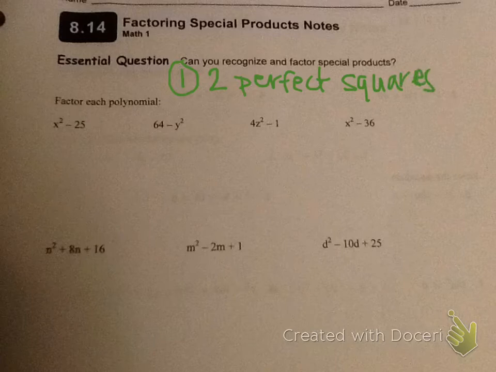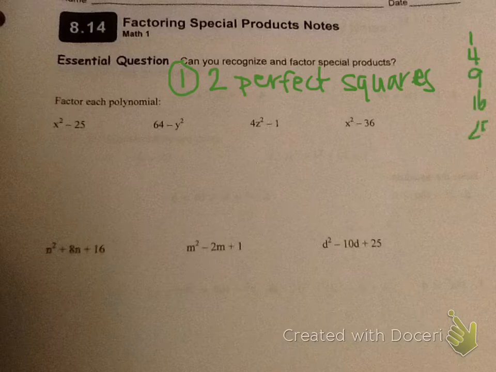Our perfect squares, again, are 1 squared is 1, 2 squared is 4, 3 squared is 9, 4 squared is 16, 5 squared is 25, 6 squared is 36, 7 squared is 49, 8 squared is 64, 9 squared is 81, 100, and so on. Here we have a 1 and here we have a 25, so we do have two perfect squares, 1 and 25 are both on our list.